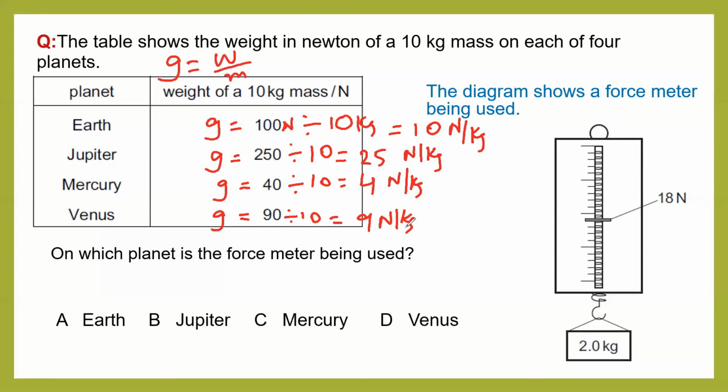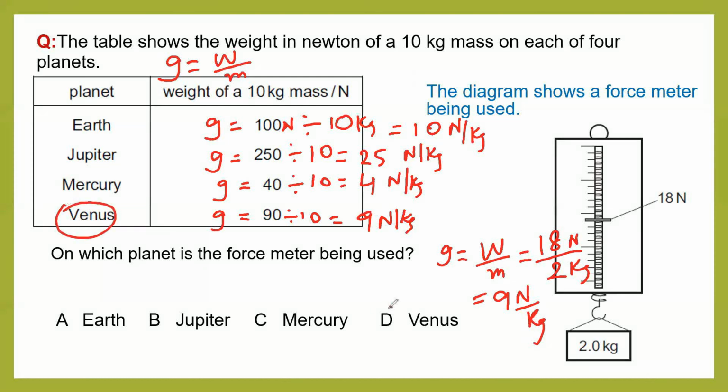So I'm going to use the same formula here, G equals W over M. Now I'm going to see the value of the force, 18 newtons, and the mass is 2 kilogram. And my answer of G over here is 9 newtons per kilogram. So 9 newtons per kilogram is for Venus. So I'm going to choose the answer D in this case.